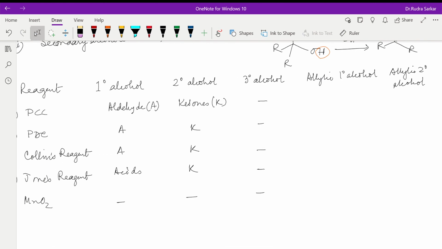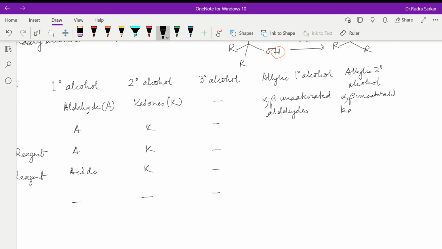Obviously PCC will be giving you alpha comma beta unsaturated aldehydes, and these will give you alpha comma beta unsaturated ketones.